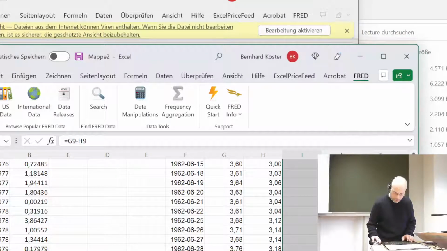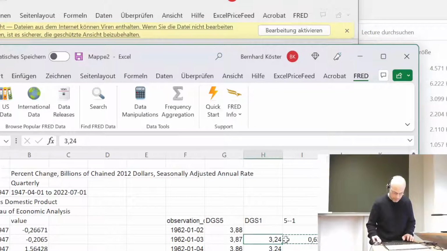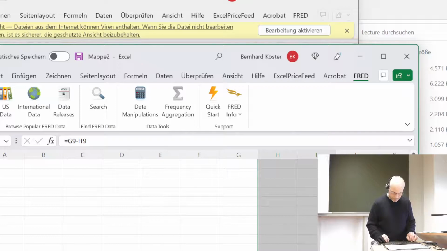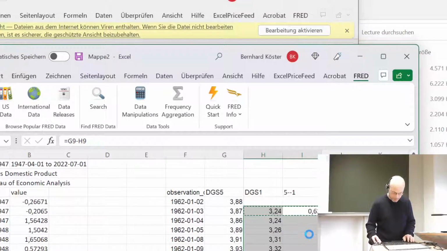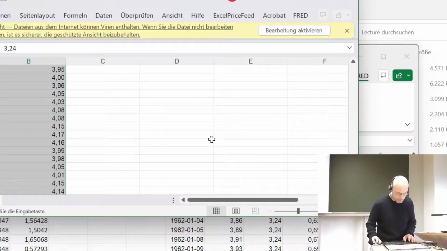This takes very long. So how can I copy this? I think this is possible in this way. Oh, now I have to go back again to short term.